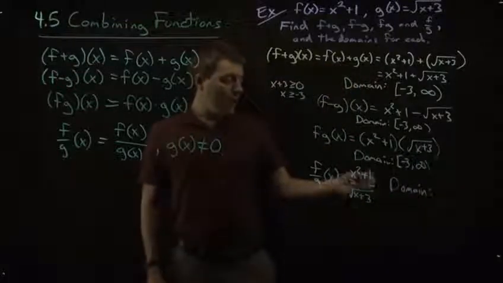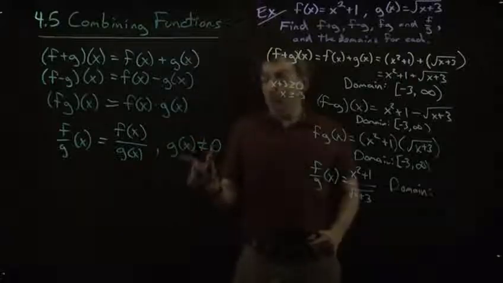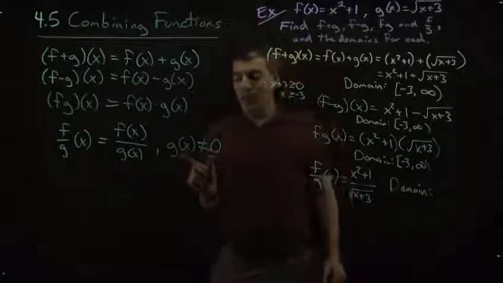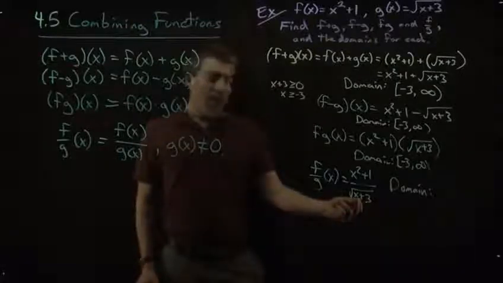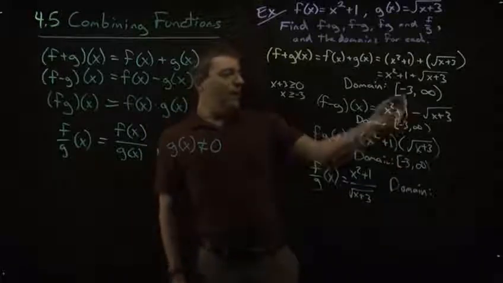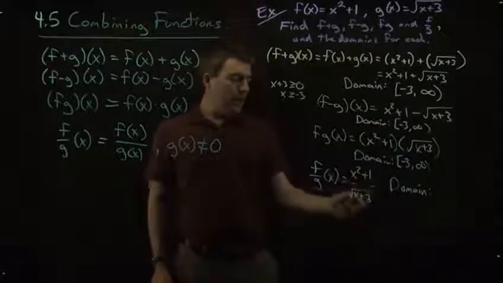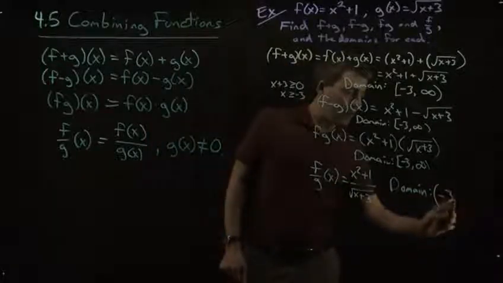We have to start off with all the numbers that can be plugged into f and g, and then include or exclude any x value that causes the denominator to be 0. So we can see that negative 3 makes the denominator 0. So whereas it's included in all of these domains, we'll have to exclude it for this. So we'll do parentheses, negative 3 to infinity.